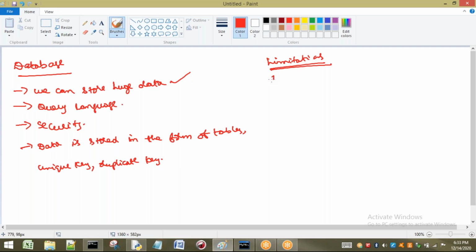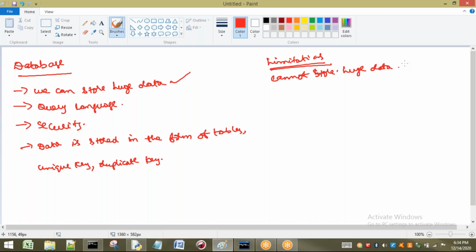Sometimes it may not store even terabytes. Generally we use big data concepts after databases.